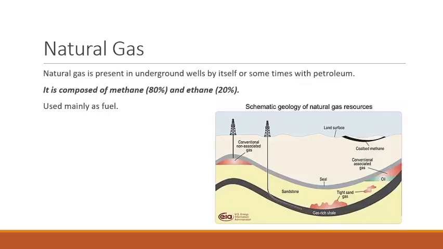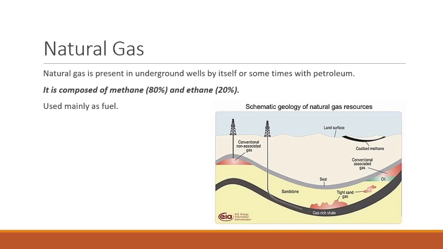The second type of non-renewable energy source, which is the cleanest source of energy, is natural gas. It is present in underground wells. So when we dig wells underground, we sometimes find natural gas alone, sometimes we find petroleum and natural gas together.